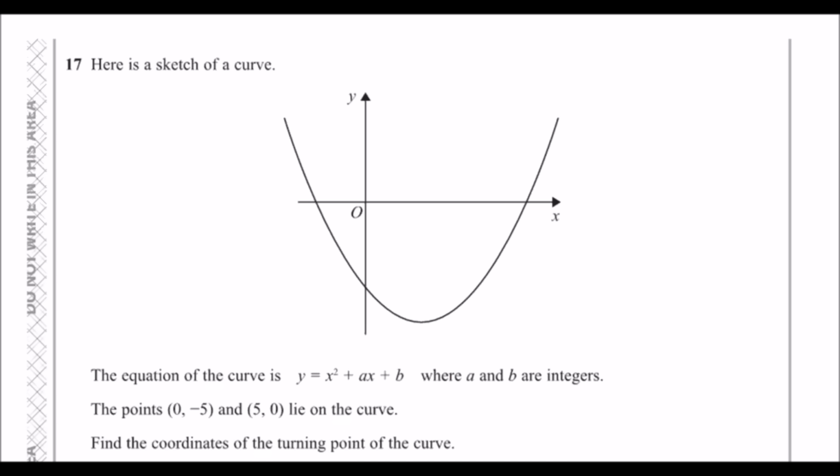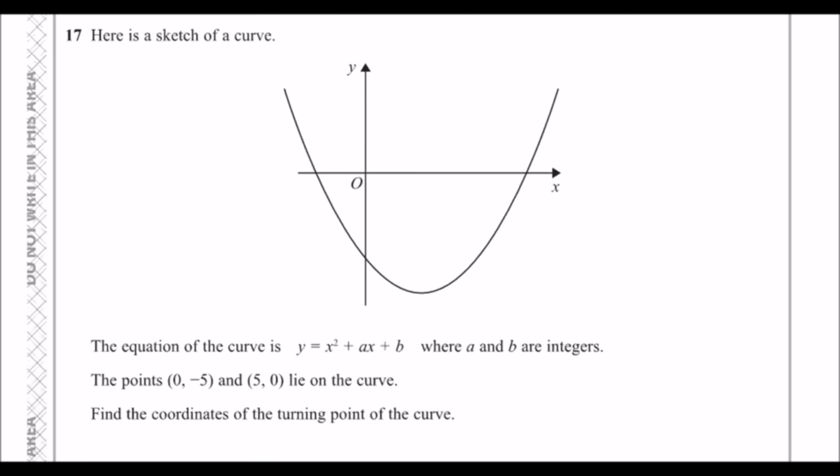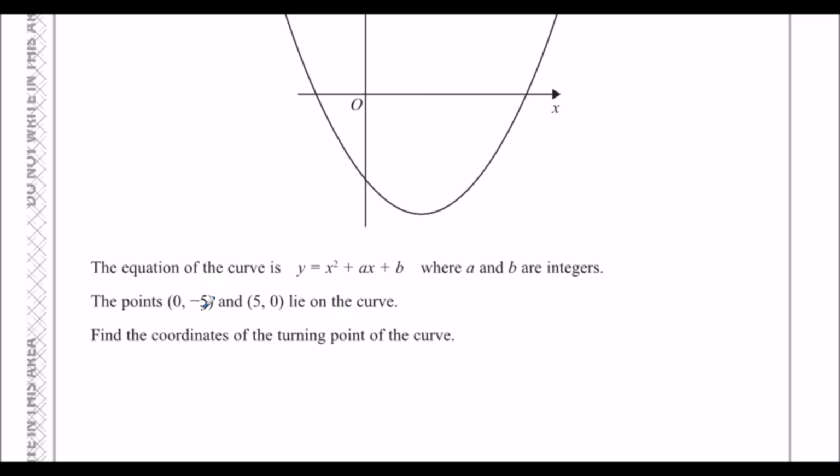Question 17. Here is a sketch of a curve. The equation is y equals x squared plus ax plus b, where a and b are integers, and we're told that the points (0, -5) and (5, 0) lie on the curve.